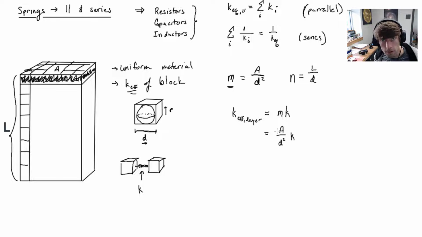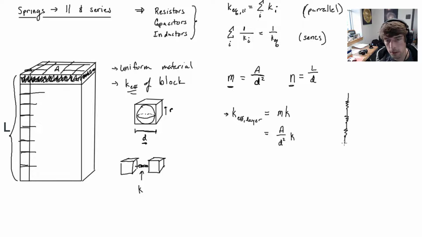But wait, there's more. We have n layers of springs, right? We counted up the number of layers, how many stacked layers the object was. So we can keep going. If we have n layers, so n springs in series, let's take each layer and model it as a spring that has an effective spring constant of K layer.